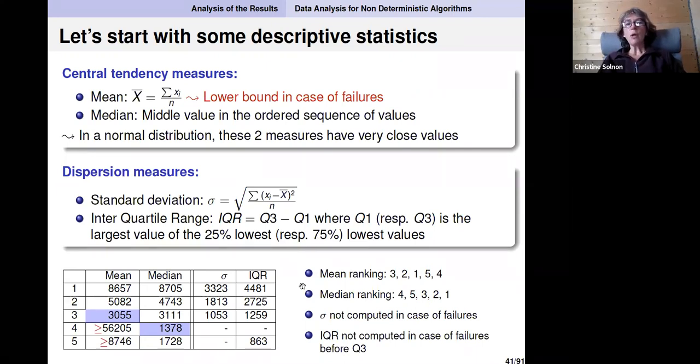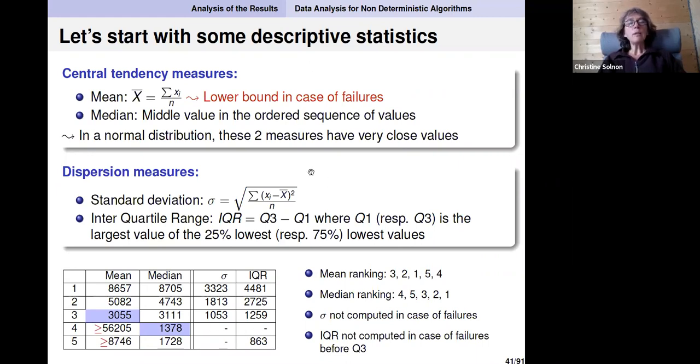So I can compute this range when Q3 is known, but if I have too many failures, then I cannot compute Q3 anymore if I have failures before Q3. This is the case, for example, for the fourth parameter setting.